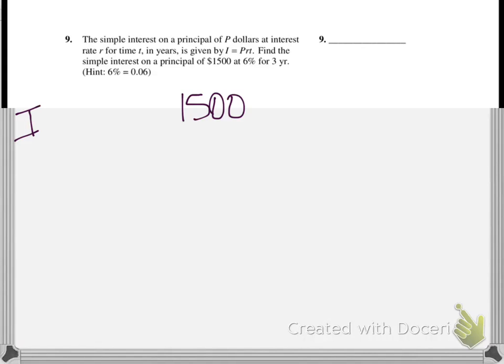Since it's I equals PRT, then we're going to multiply 1,500 times the rate, which is 6%, which we can represent as a decimal, so 0.06, and then times T in years, which is 3. So we're really just multiplying all three of these together, and you can multiply them in any order that you want.